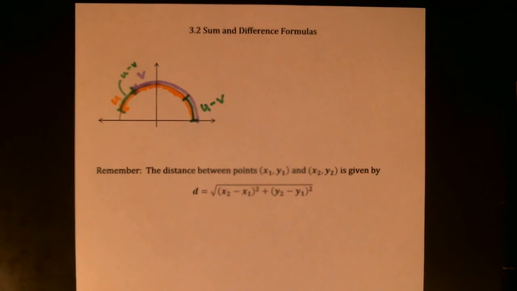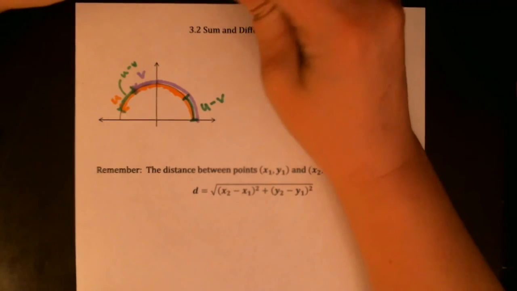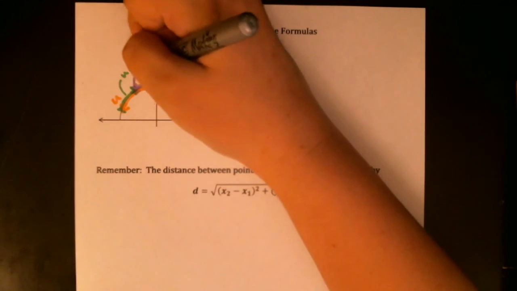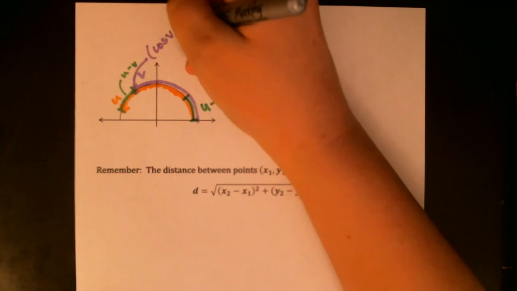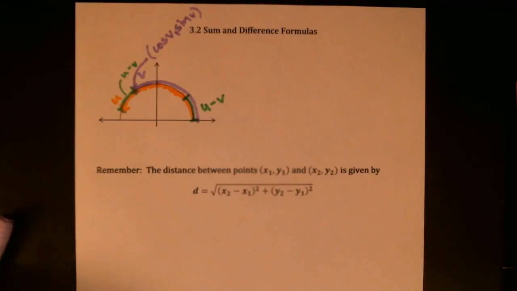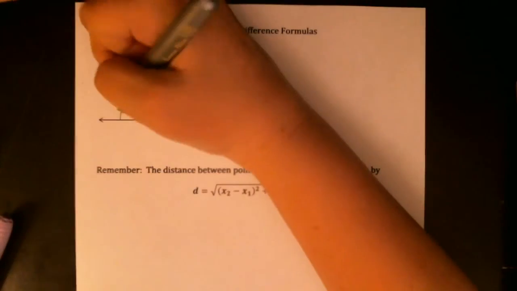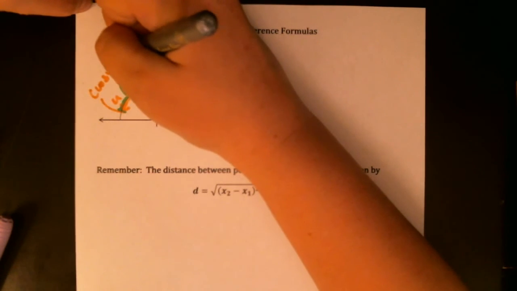Okay, so I want to actually look at some of the individual points going on here, and then I'll tell you where we're going from there. At the end of arc length v, we have a point, and its coordinates are cosine v, sine v. And at the end of arc length u, we have a point whose coordinates are cosine u, sine u.